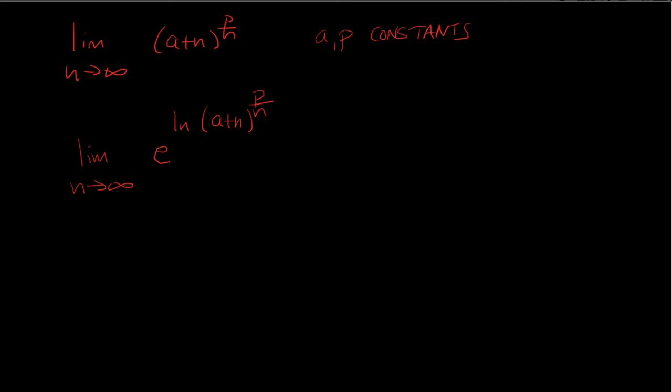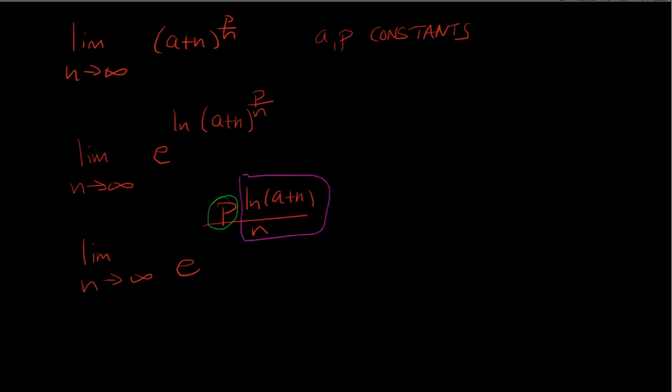The exponent is p over n, and we know that the exponent goes in front of the log. So I'm going to rewrite it like this. I'm really going to ignore the p for now, and I'm going to focus on the ln of a plus n over n.